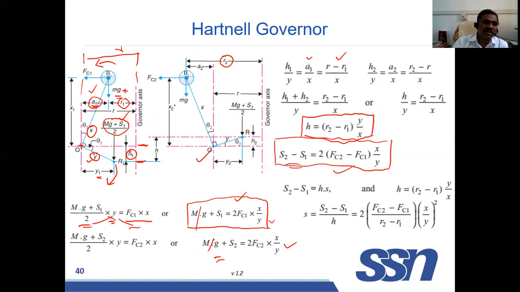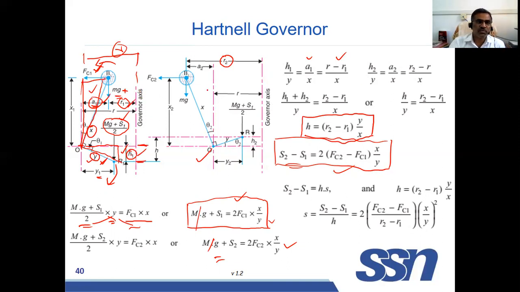If you take the similar triangles, what are the two similar triangles? This triangle and this triangle. This distance by this distance is equal to this distance by this distance. That is h1 by y is equal to a1 by x. What is a1? R minus r1.